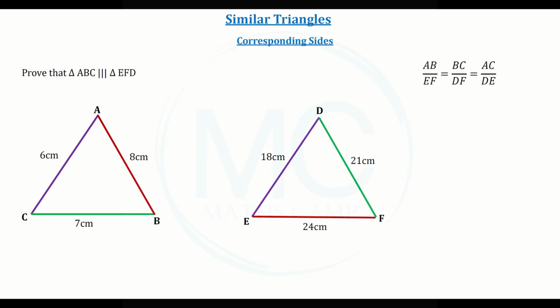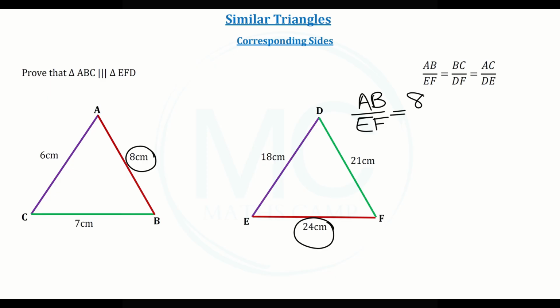Let's start with AB and its corresponding side EF. So we can say AB over EF. AB is 8 centimeters long and EF is 24 centimeters long.